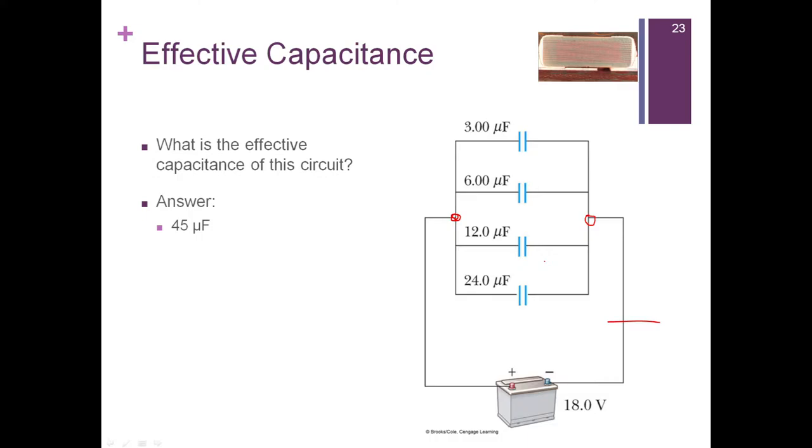So this is a parallel circuit, and that means that all these capacitors, we can just add them up together. So 3 plus 6 plus 12 plus 24 will give us a total final capacitance of 45 microfarads. Again, you can keep it micro for the sake of just this simple part of the math.